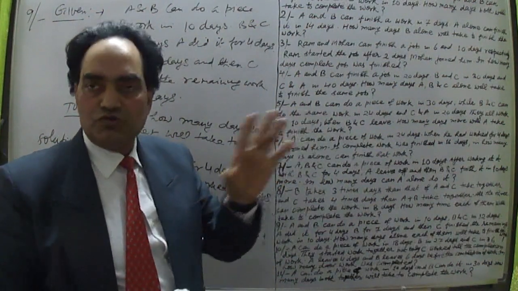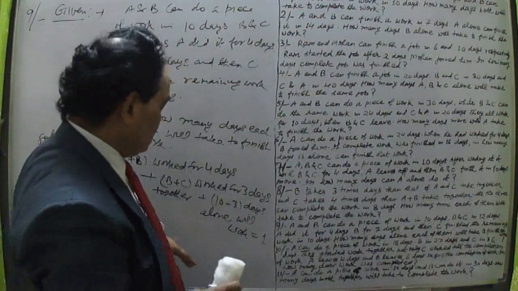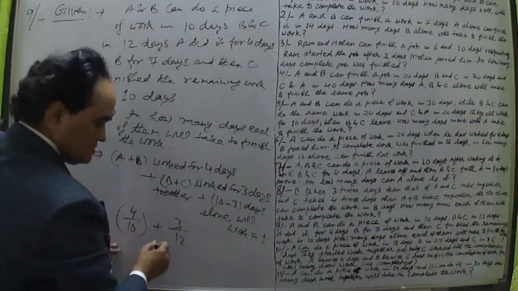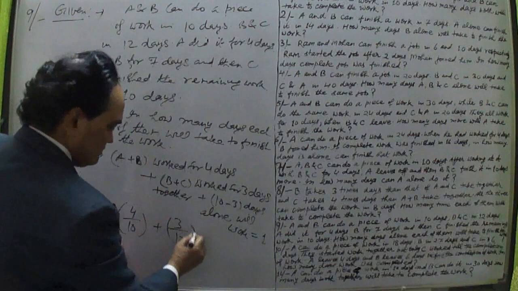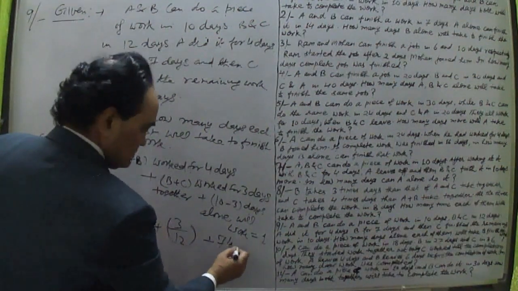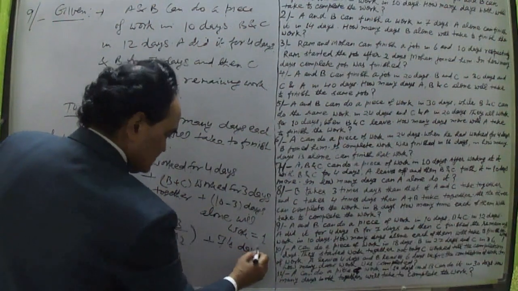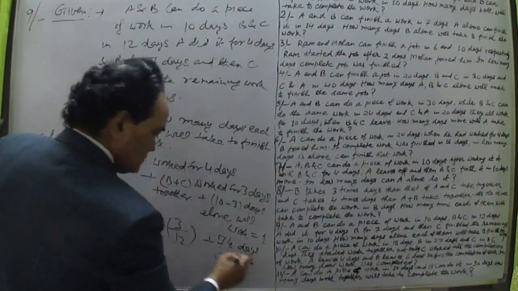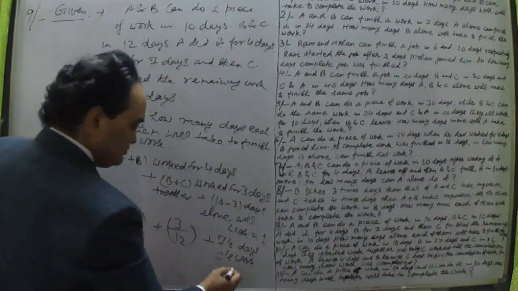They work together for 3 days, so 3 upon 12 for B and C, plus C's work of the last 7 days, equal to 1.